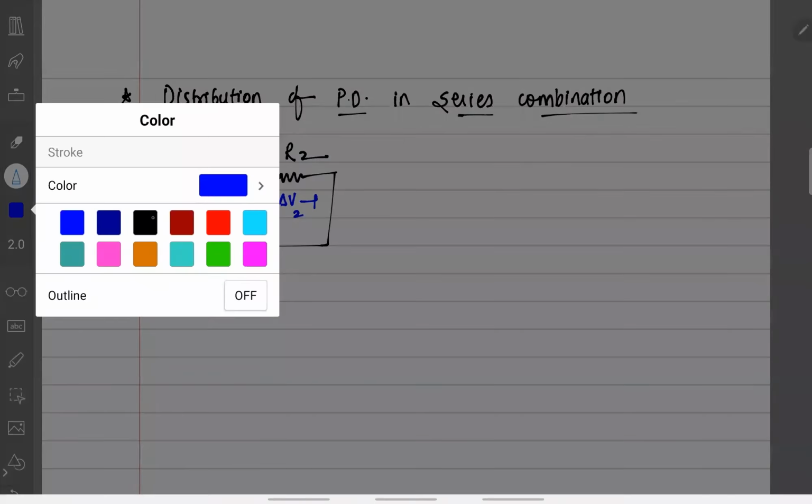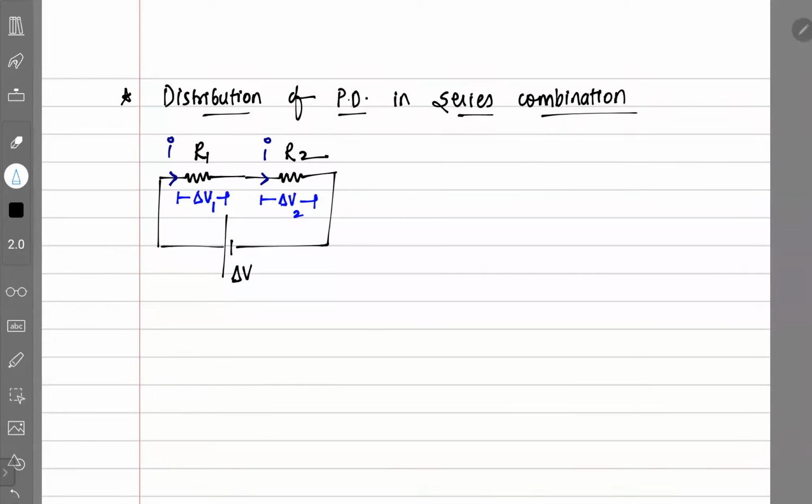Then how do you figure out this value? I'm going to give you a formula. I will not explain it because we don't have time for explanation.